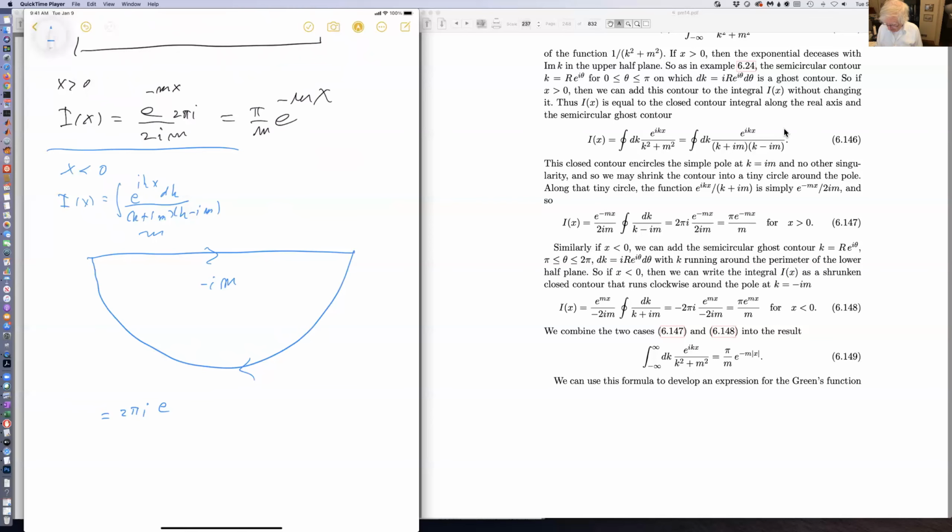e to the mx, and we're dividing by minus 2im. And so the 2's cancel. We get a minus sign, minus pi over m e to the mx.